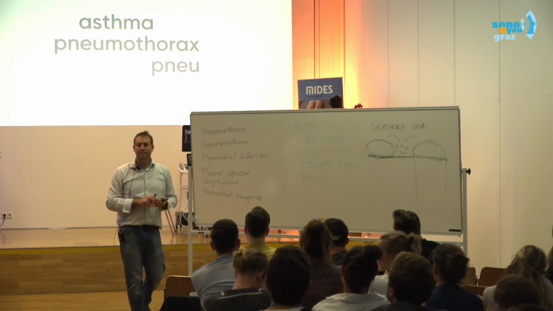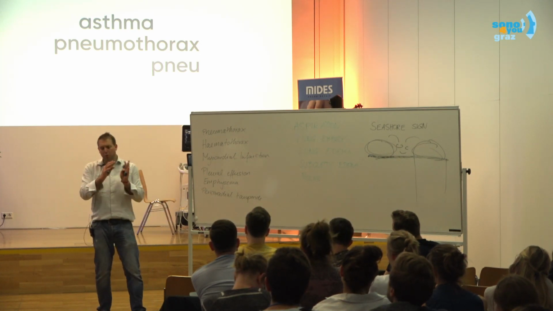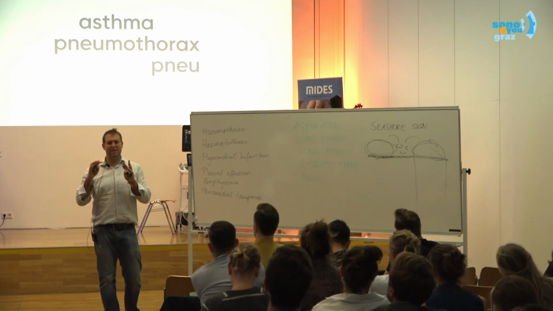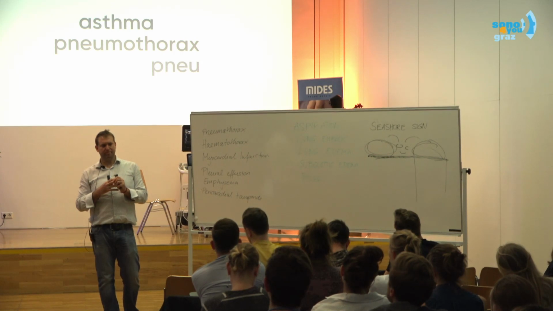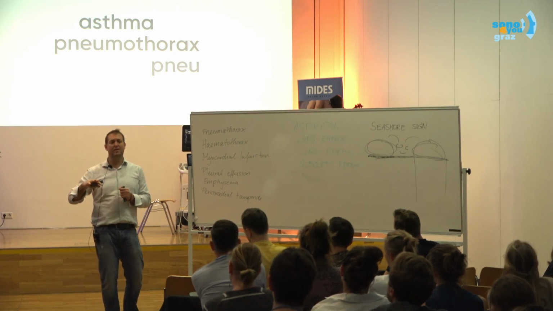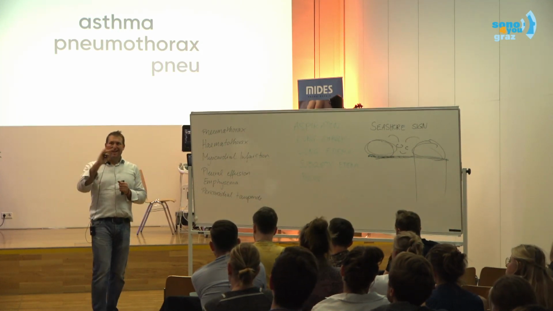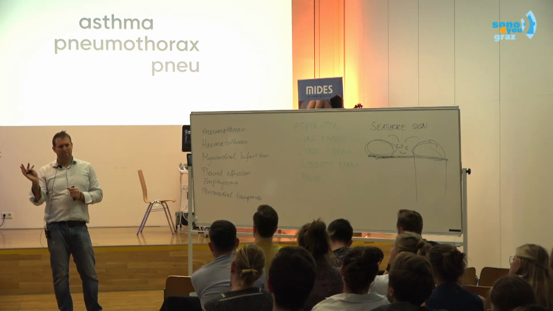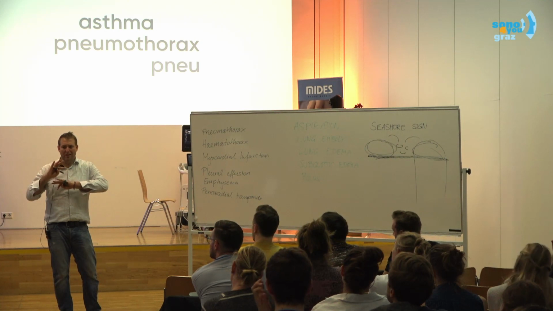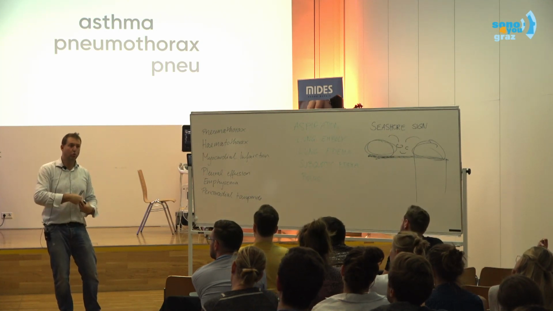What do you think? What is massive pulmonary embolism? Which system is problematic? Is this a lung fault or a cardiovascular system fault? Exactly, pulmonary embolism basically has nothing to do with the lung. It has to do with the vessels to the lung.